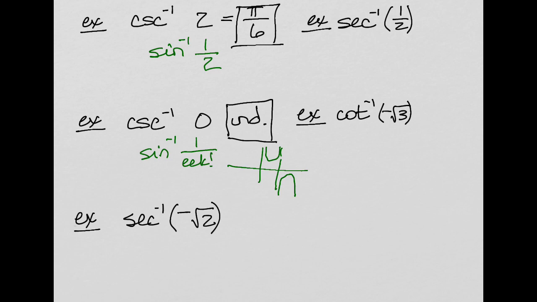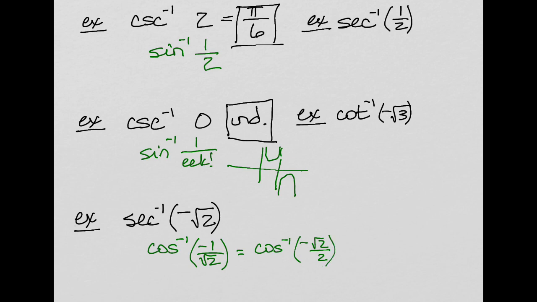Let's look at the secant. If I want the inverse secant of -√2, same idea, the secant is the reciprocal of the cosine, so that'll be the same thing as the inverse cosine of the reciprocal, which we might recognize a little more readily in its rationalized form, -√2 over 2.